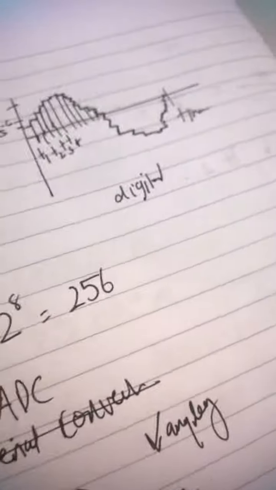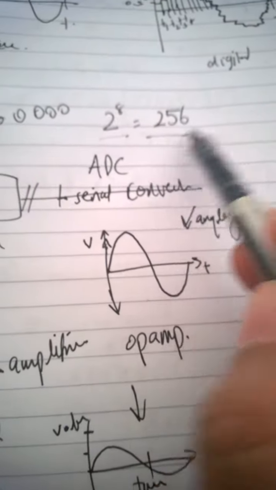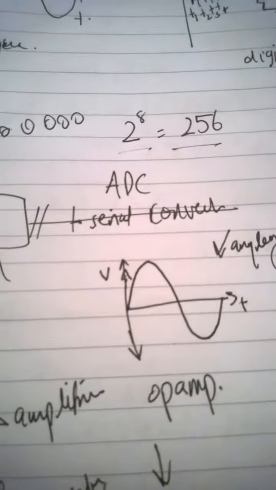And one more important thing, as we were talking about 8 bits, 2 raised to the power of 8 is 256, and we said it can have 256 levels.